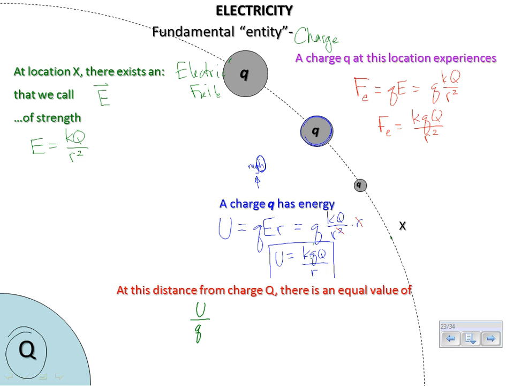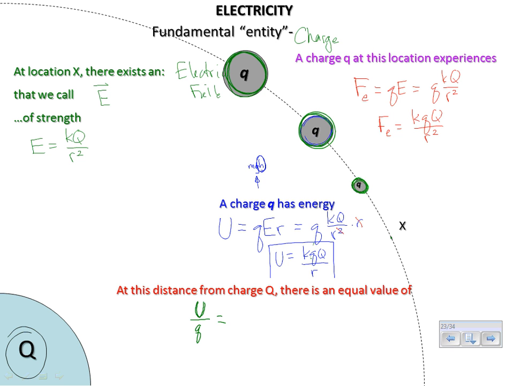Take this one's relatively big potential energy because of its big charge, divide by that big charge, and we get a certain quantity. Divide this one's medium-sized potential energy by its medium charge, we get a certain quantity. Divide this one's little electric potential energy by its little charge, we end up with this same quantity, which is electric potential energy divided by that charge.